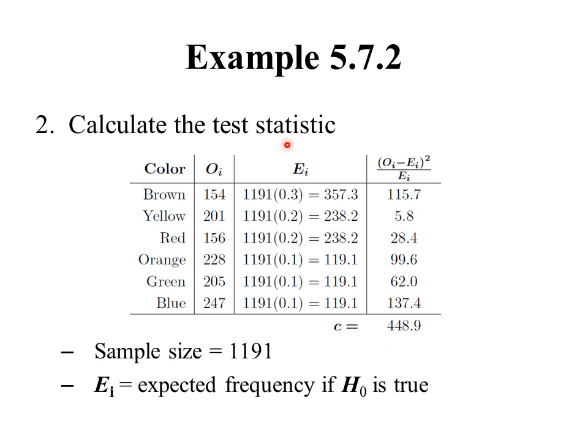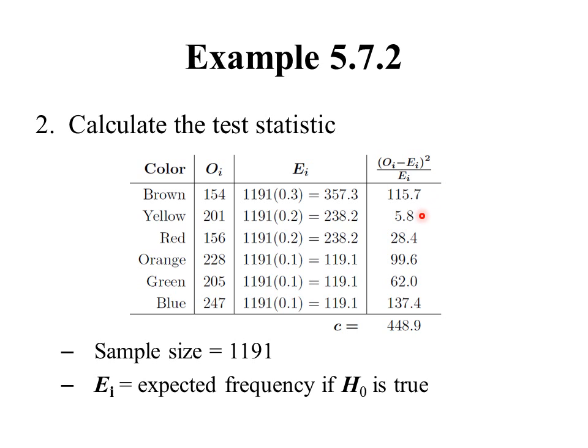So in our test statistic, what we need is a total measurement of the difference between these two columns. The way we're going to measure this is with this simple formula right here. We're going to take each observed value, subtract the corresponding expected value, square it, and divide by the expected value.